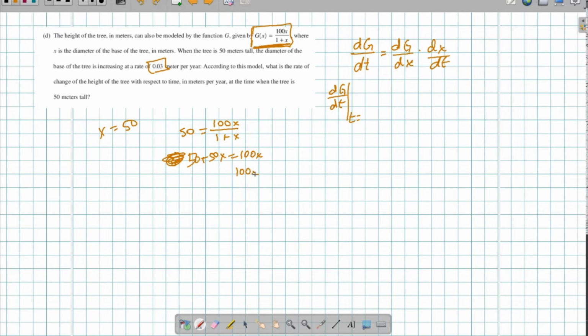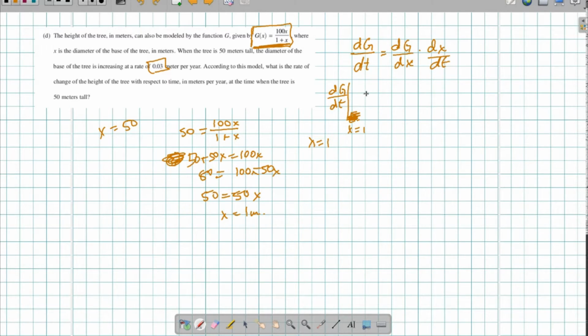So 100x minus 50x equals 50. And so 50 equals 50x, and so x equals 1 meter. Well, goodness, that makes things really nice. So I want to know what's happening when x equals 1, basically. So I'm evaluating dg/dt when x equals 1.